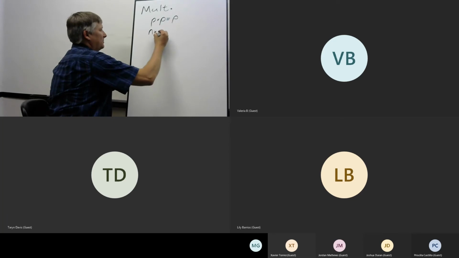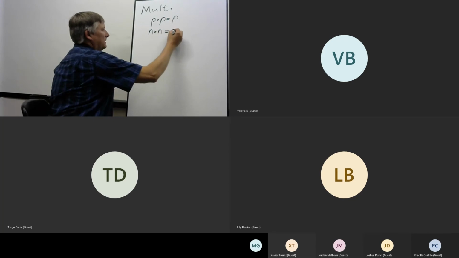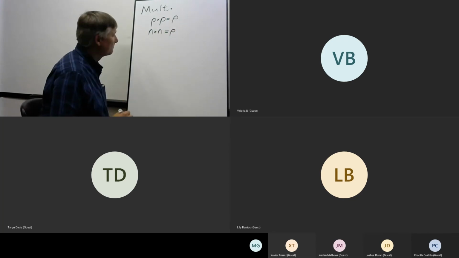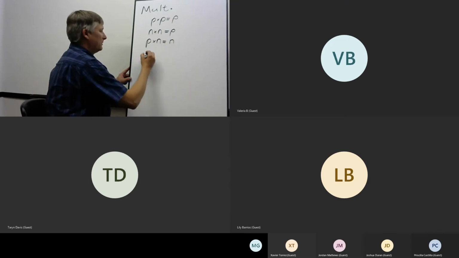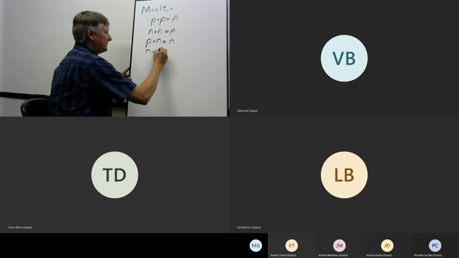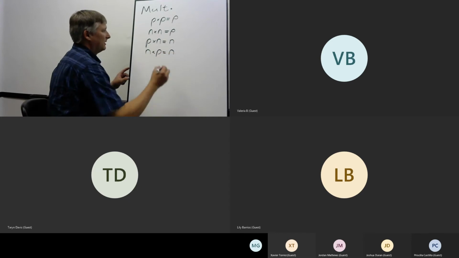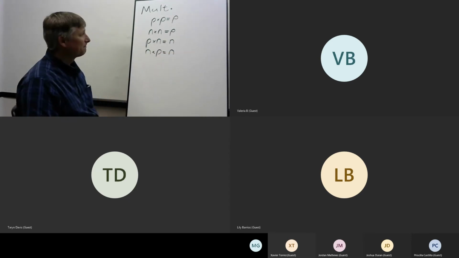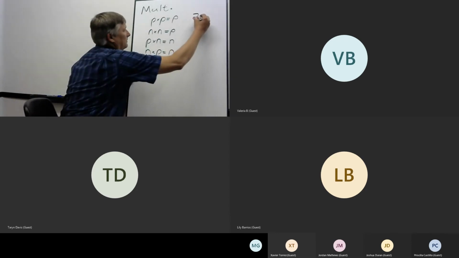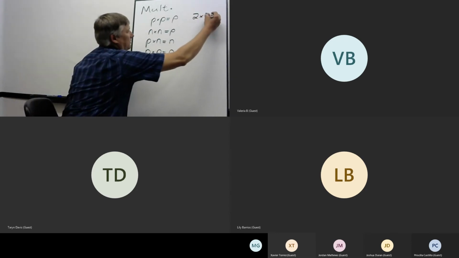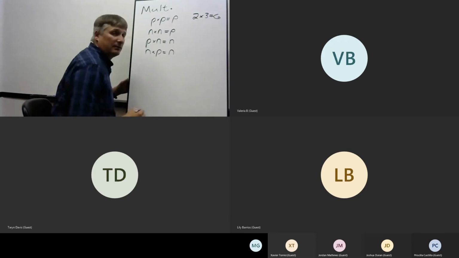Negative times negative is also positive. Positive times negative is negative, and negative times positive is also negative. So, for example, 2 times 3 is 6.